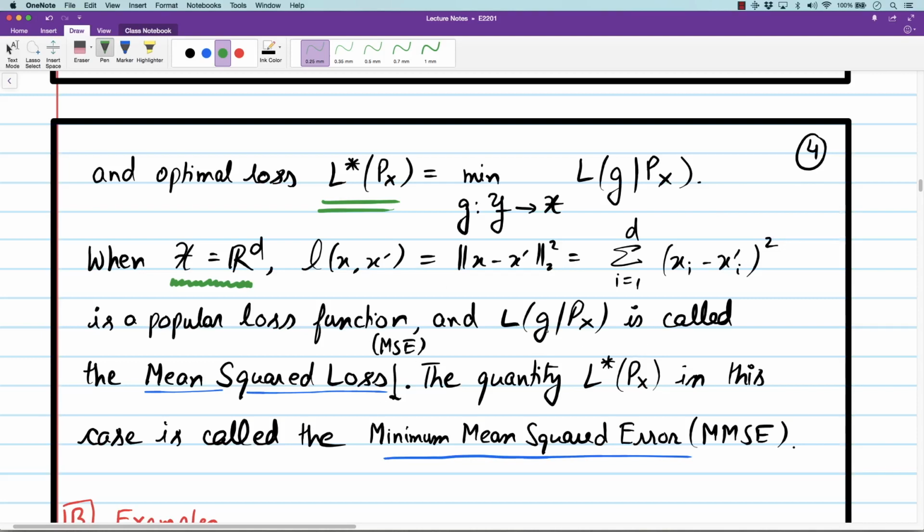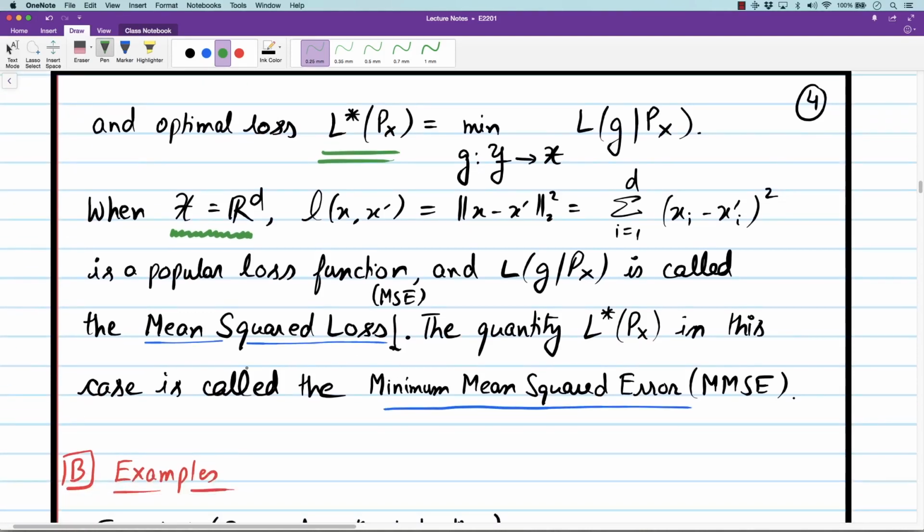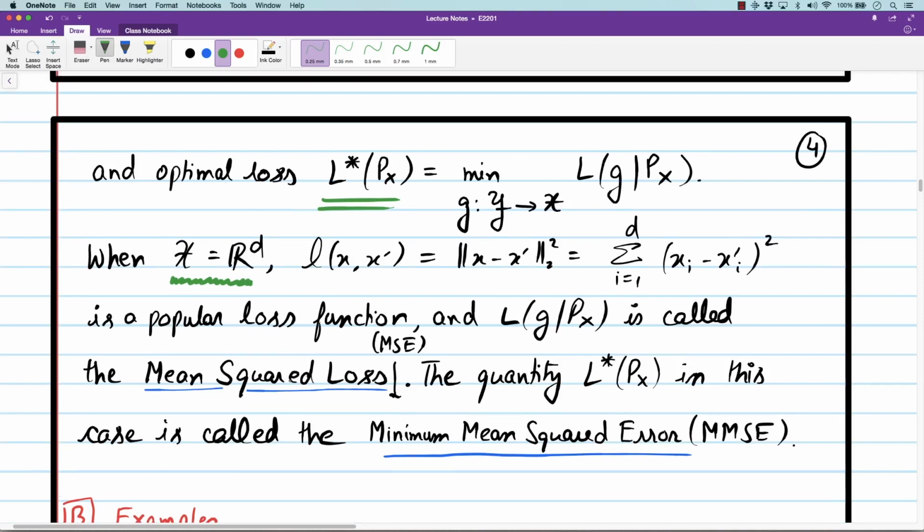So this is called the mean squared loss. And L star of Px is the minimum error that can be incurred when you measure loss in this way. This error has a very popular name: the minimum mean square error, MMSE, and we often look for MMSE estimates, the estimates which minimize this mean square error.